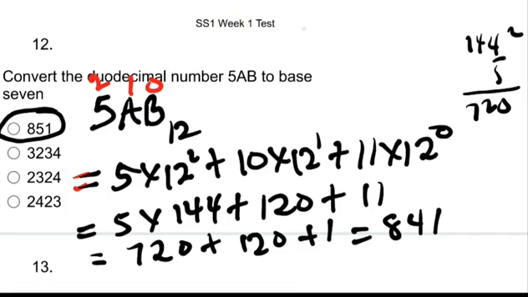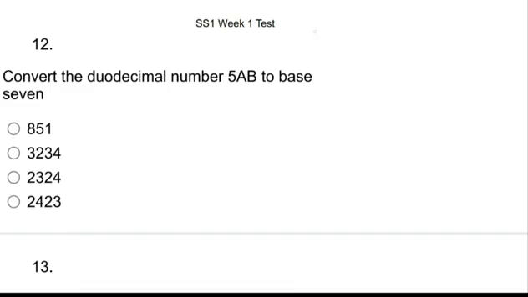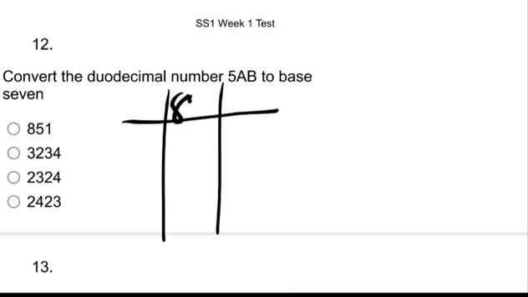Let me clean this board now. So we're going to divide 851 by 7.